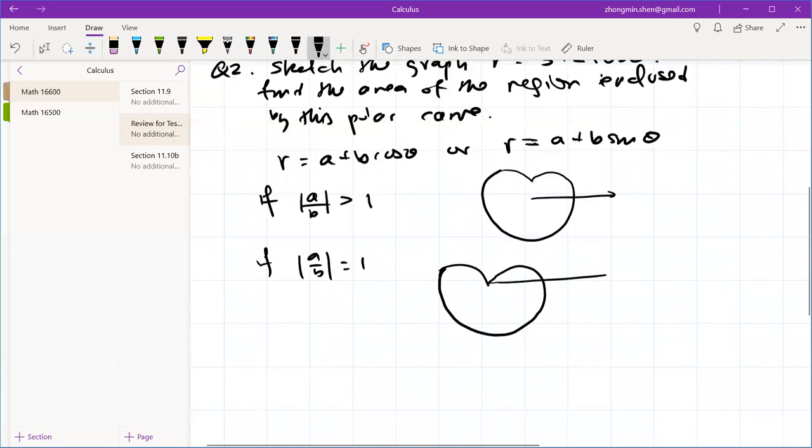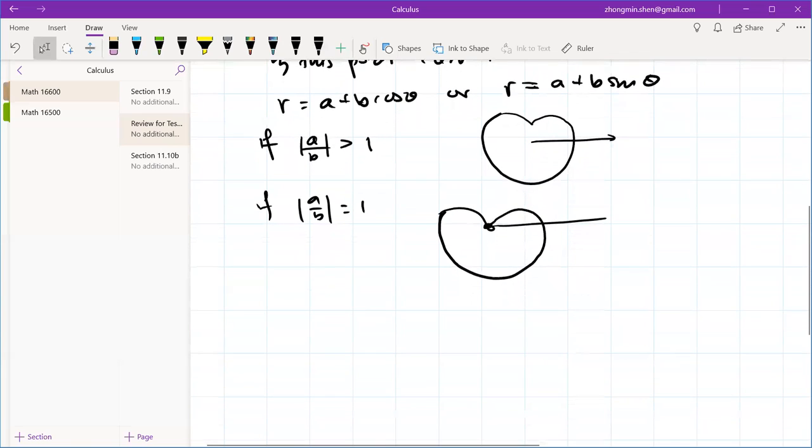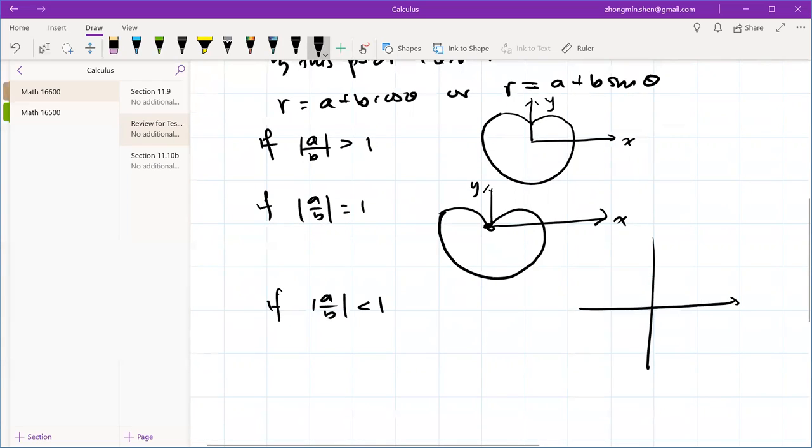So that's the cusp of the curve attached to the origin. This is the x-axis, that's the y-axis. Now, if the absolute value of a over b is less than 1, then the graph looks like that.